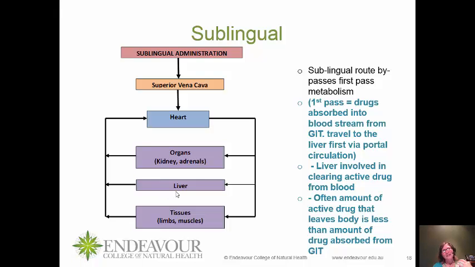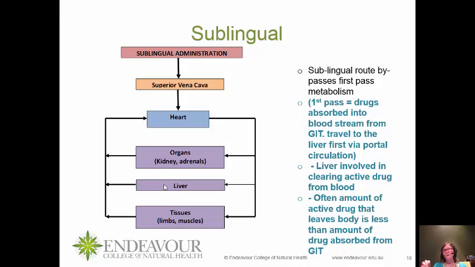But by taking this drug by the sublingual route, we have bypassed the portal circulation by which glucose and amino acids are sent to the liver after they are absorbed through the gastrointestinal tract. Most other drugs that are taken per oral and swallowed and absorbed through the gastrointestinal tract will likewise make their way into the portal circulation and to the liver.